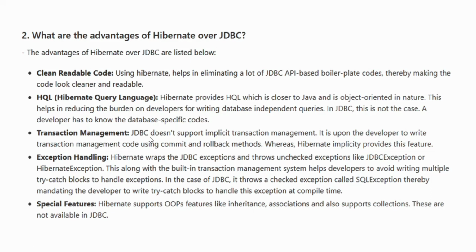In case of JDBC, it will throw the checked exception called SQLException. Final one, special features. Hibernate supports OOP features like inheritance, associations, and also supports collections. They are not available in JDBC.